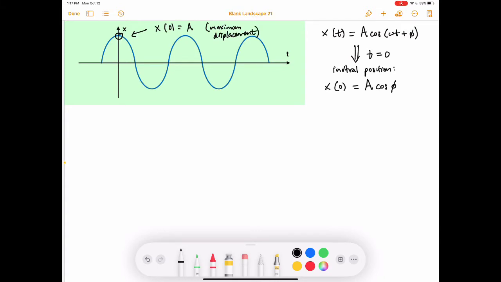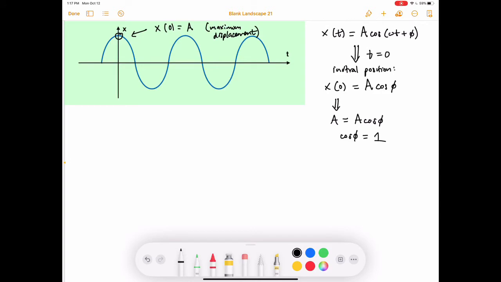So then what we can do is sub that in for x at time 0, and that gives us A equals A cos phi, which means cosine phi is equal to 1. So basically, we need to figure out what angle, when I take the cosine of it, do I get 1.